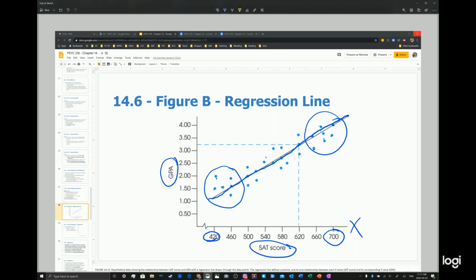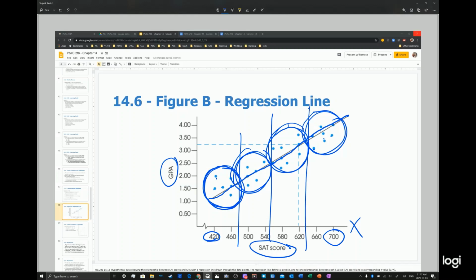As we look along even sections of these scores, although the restricted data set looked like cookies, and this is again a caution about restricting X values, if we look at the data as a whole, you can see that these four sections show the relationship. The better a person does on SAT, the better they do in their GPA.